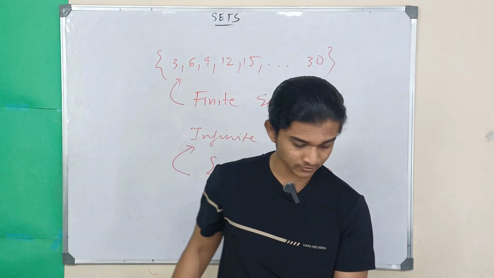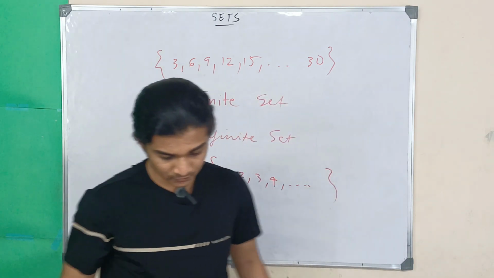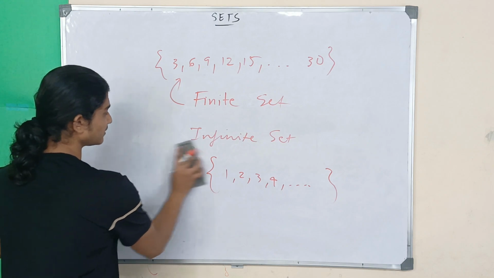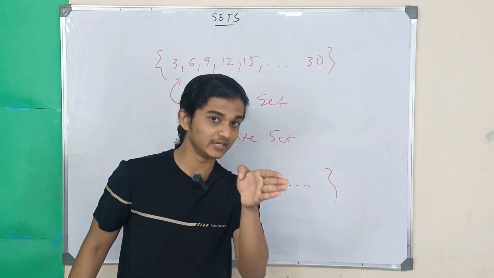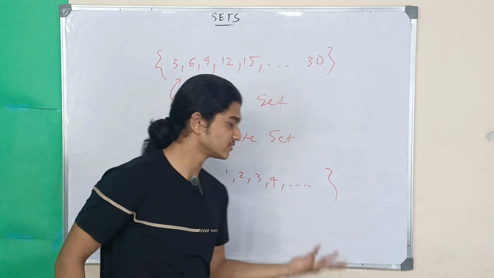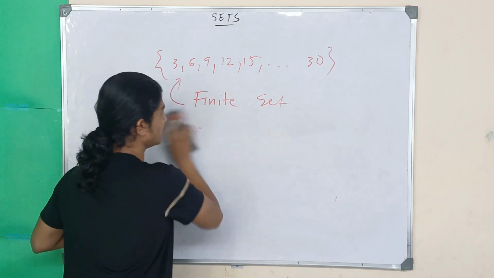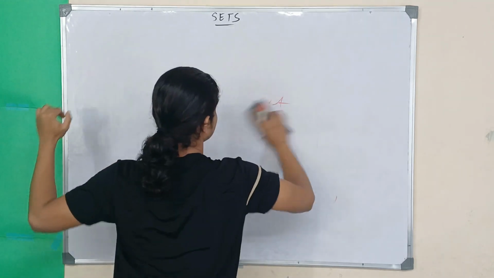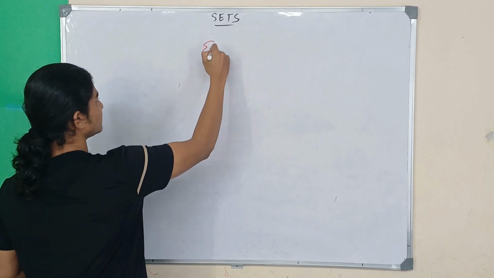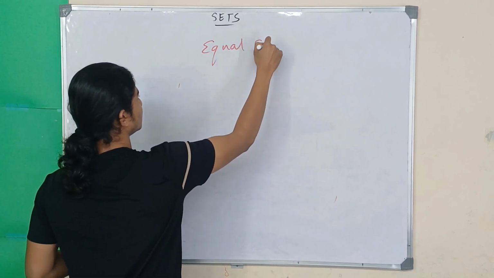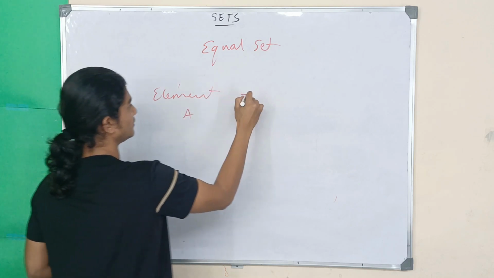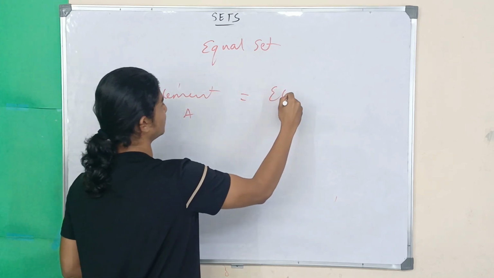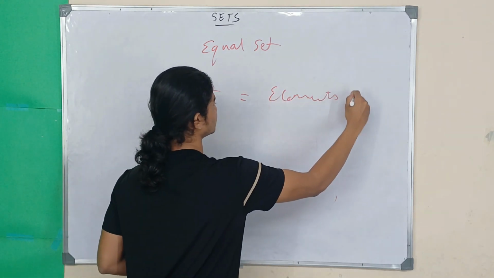Now one more thing which you need to know is equal sets. Basically, if the elements of set A exactly match the elements of set B, you can call those two equal sets.